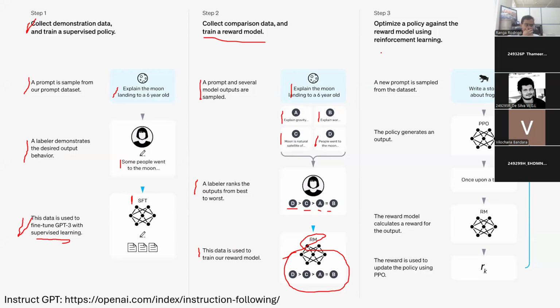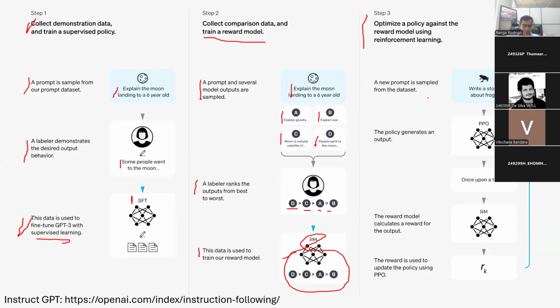For example, if you're training a dog, if it does something good, we give it a biscuit or something. If it does not do it, we hit it a little. So that kind of reward model, right? Then finally, when you have the reward model, step 3: optimize a policy against the reward model using reinforcement learning. So they are using this very powerful reinforcement learning.